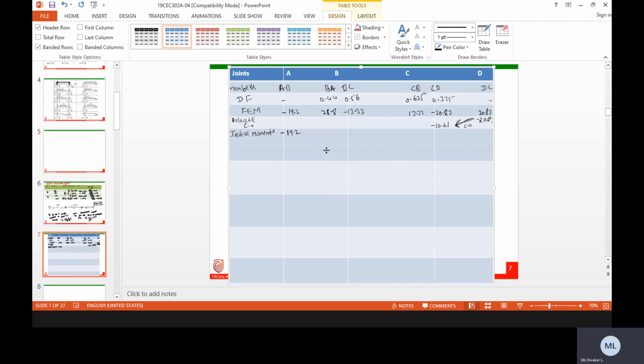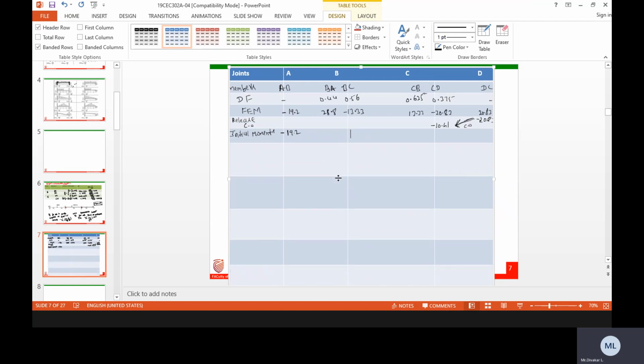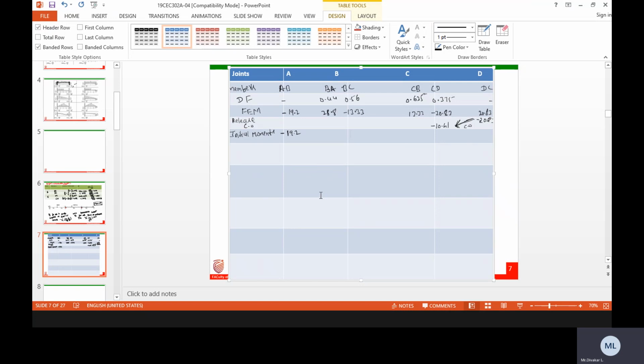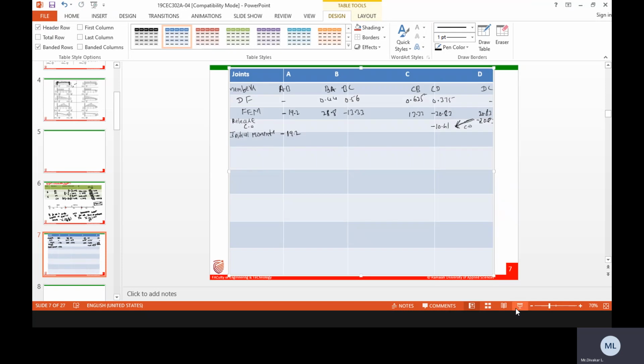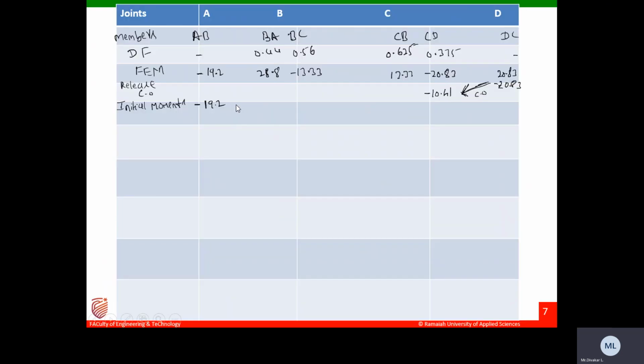Yeah, so we'll add another row to avoid confusion.